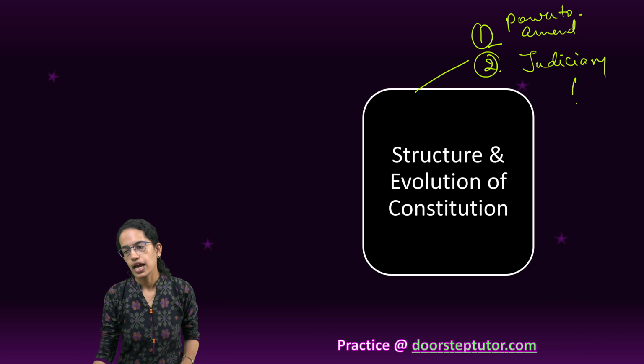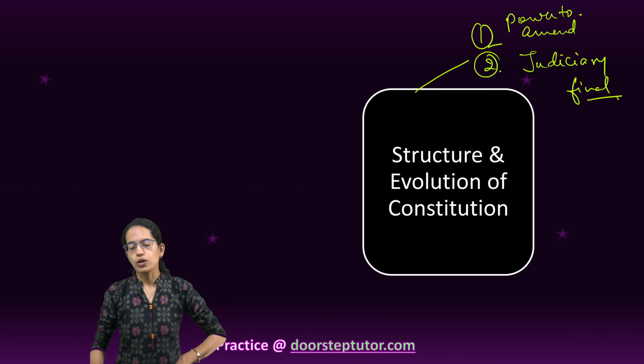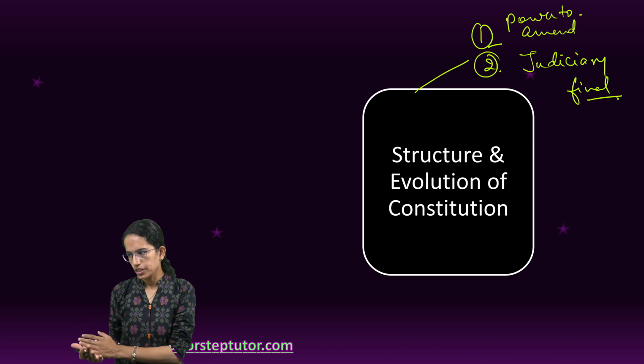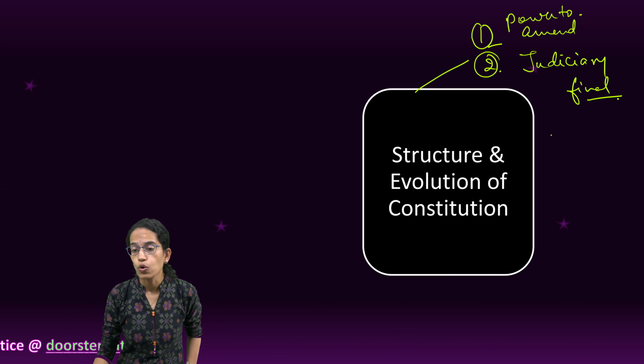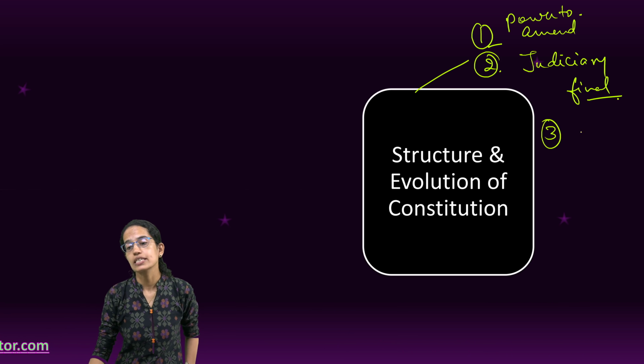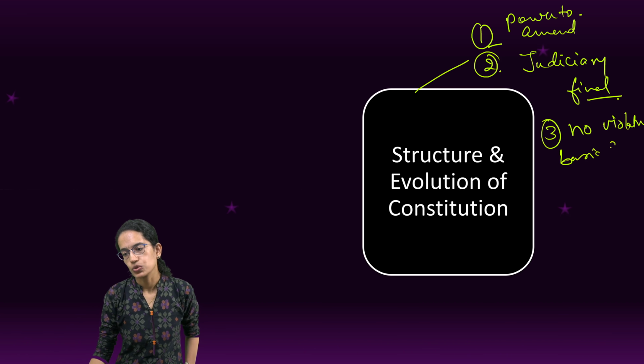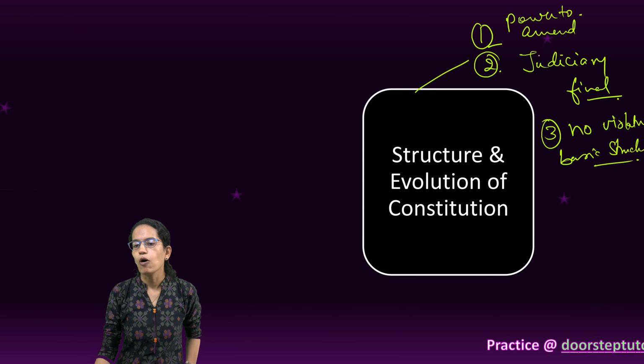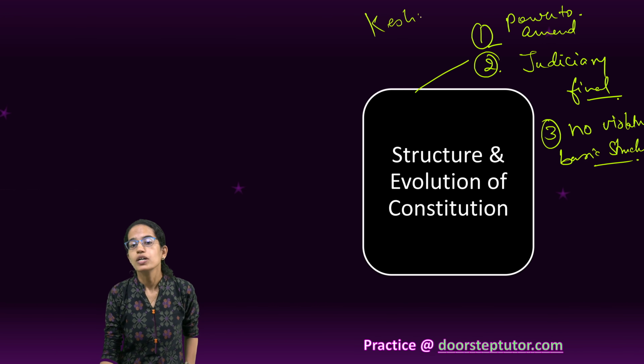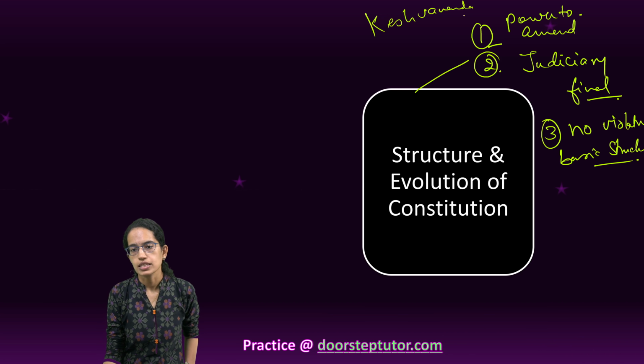So, judiciary as a final authority in order to decide how the ruling should be done. There can be no amendment which can violate the basic structure. So, no violation of the basic structure of the Constitution can be done. Those are some of the important takeaways of Keshav Nandan Bharati's case.